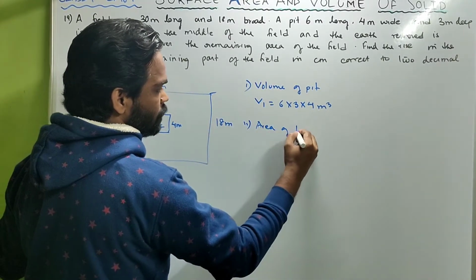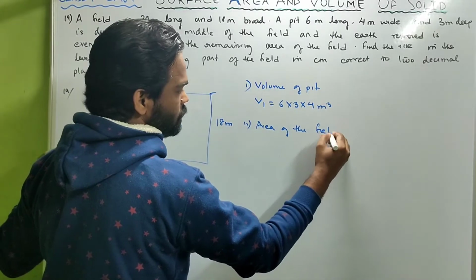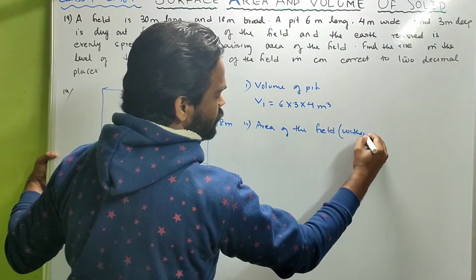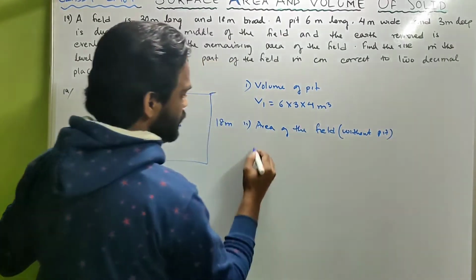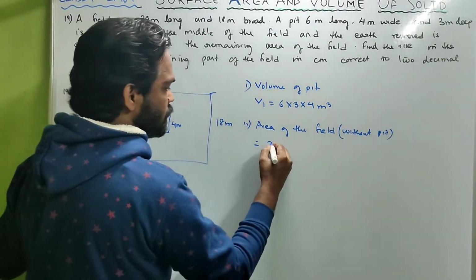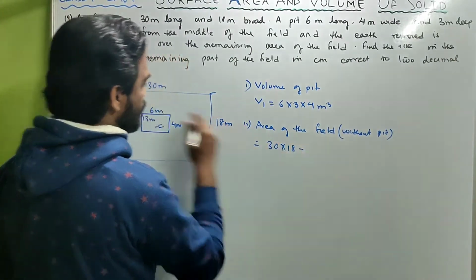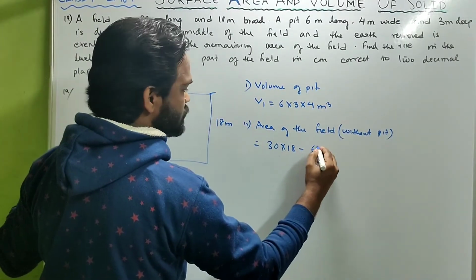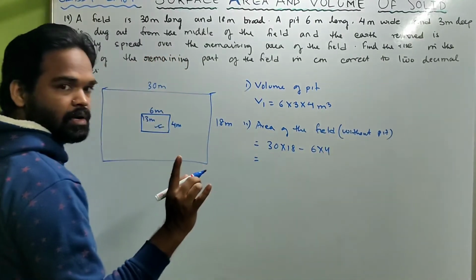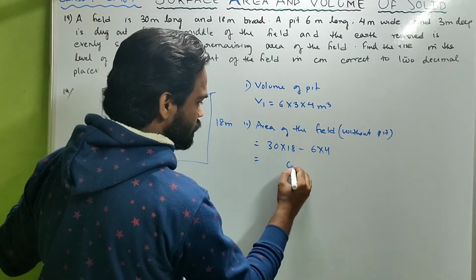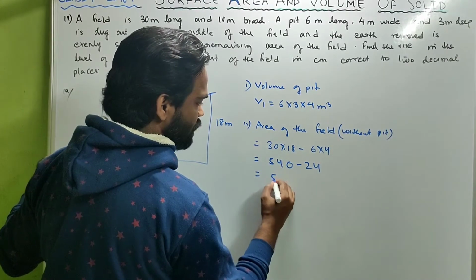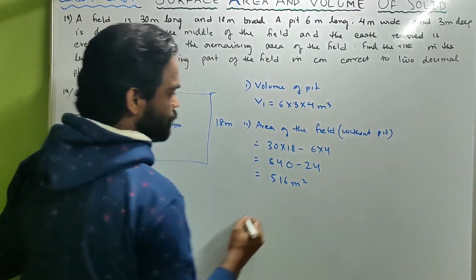Area of the field without the pit. It will be 30 into 18, length into breadth, minus area of this pit, which is 6 into 4. Am I correct? That's 540 minus 24, that's 516 meters square.